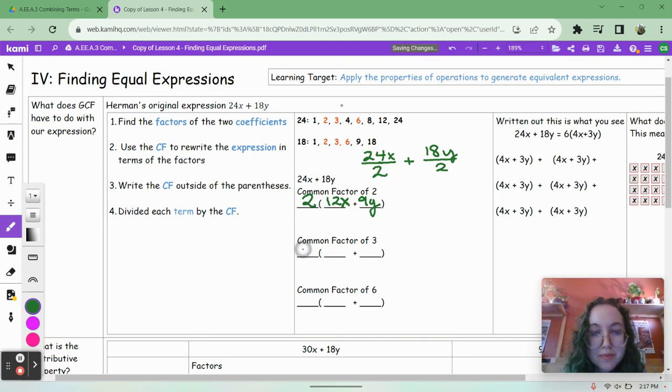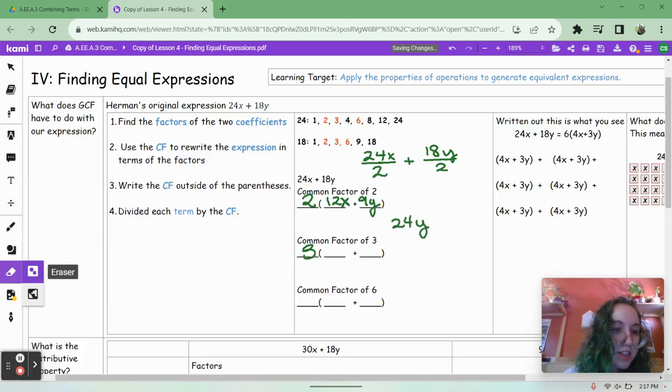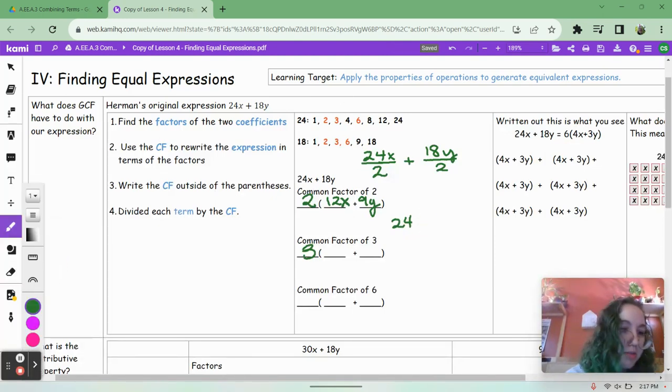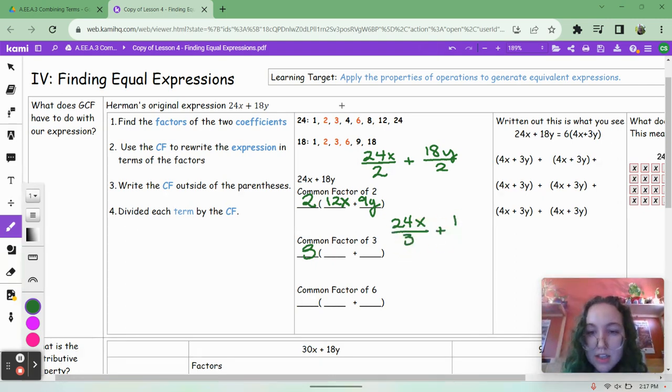Similarly, if I take out a 3, that gives me 24x over 3 plus 18y over 3. I want to write that the first is all times 2, and over here this is all times 3.